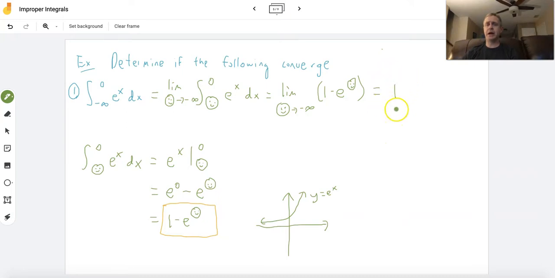And since this limit has a finite value, the limit exists, that means that we can say that the original improper integral here converges, and in particular we can say it converges to the value of 1.